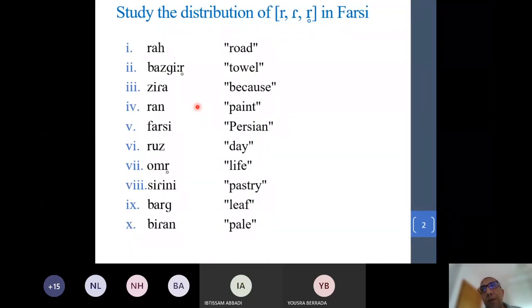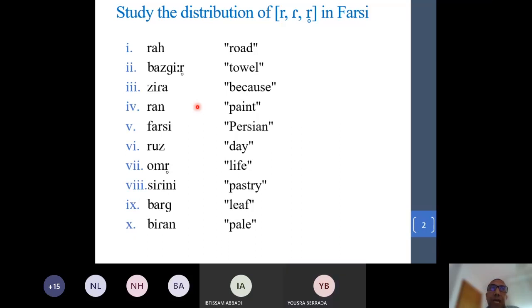This is a very important point. The fact that distribution is not contrastive, the fact that you don't find minimal pairs, does not automatically mean that it is complementary. It's possible in some data, or in this data, that the sounds might be in free variation. This means that the sounds do not contrast, but they do not occur in predictable environments.